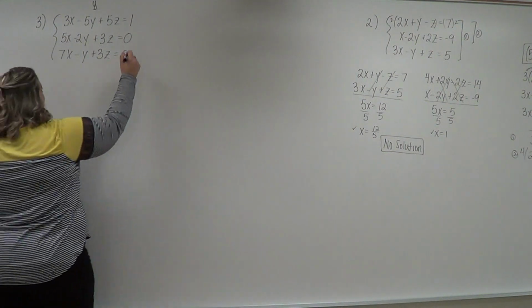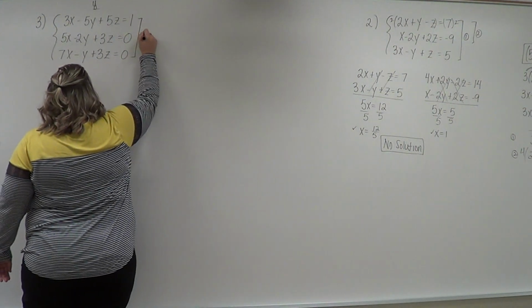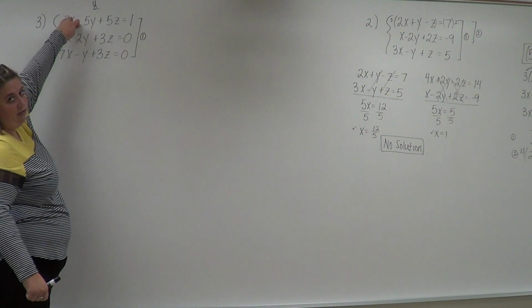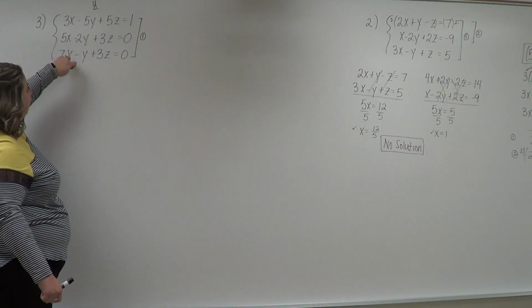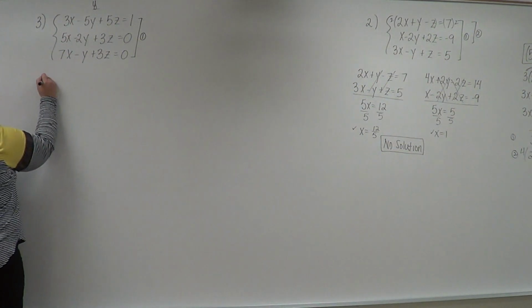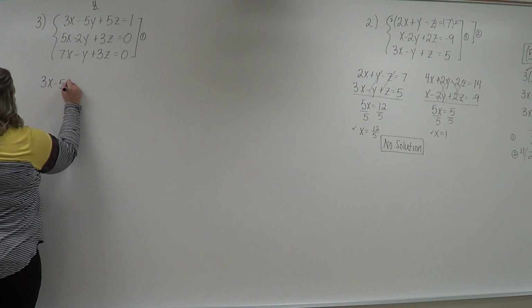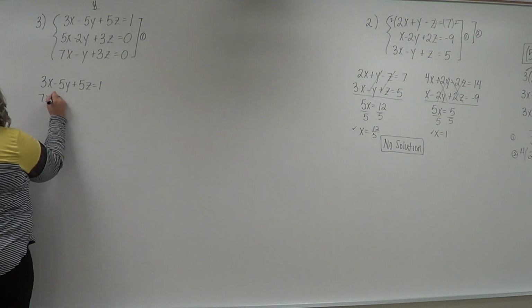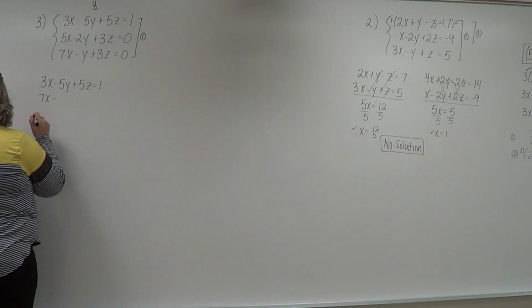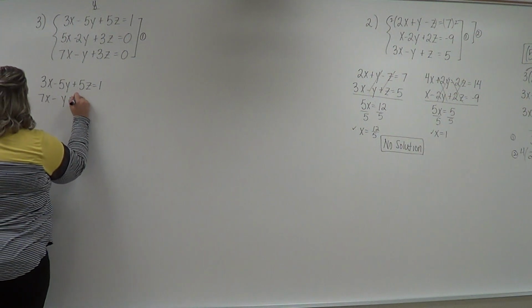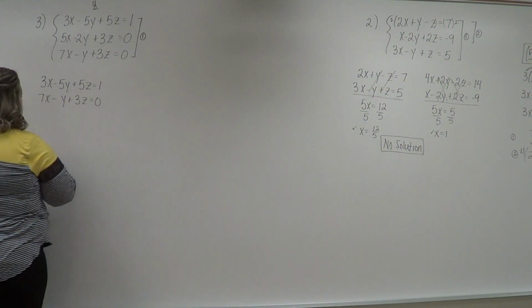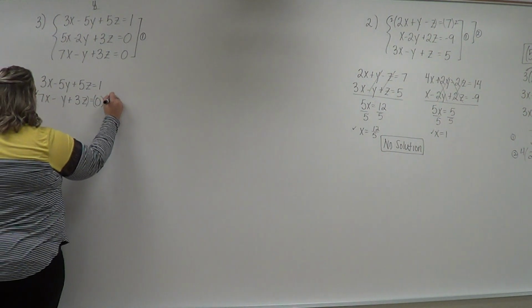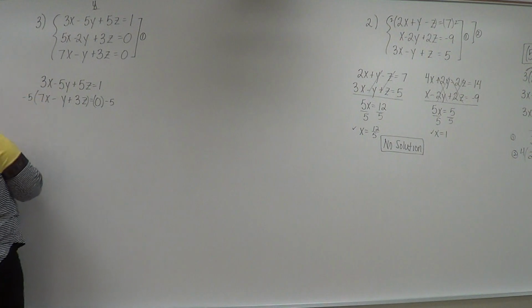So I'm going to cancel the y's. The first thing I'm going to do is combine the first and the last to get my first equation. Since this is a -5, that means I need this one to be a +5. I'm just going to write them out here so that you can watch the whole steps so it doesn't get confusing. If I want this to be a +5, I'm going to have to multiply this equation by -5.